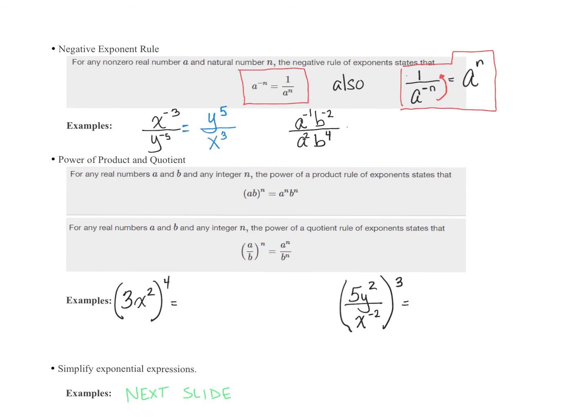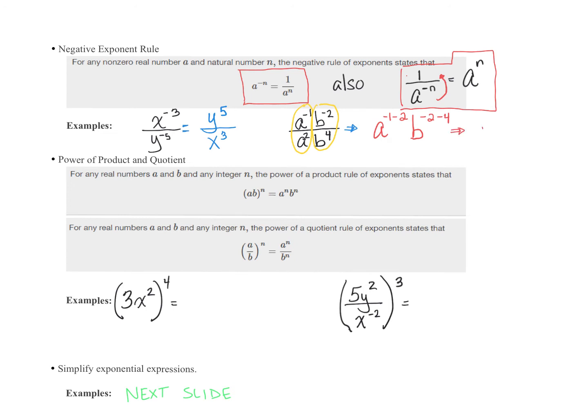For this next one, I'm going to think about this using a couple of rules. So let's take a look at just our a's and just our b's and use first the quotient rule. So that would be a to the minus 1 minus 2 and b to the minus 2 minus 4.